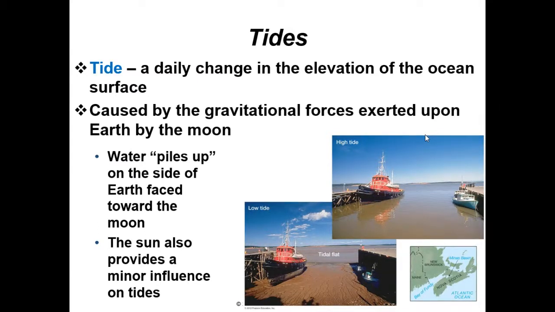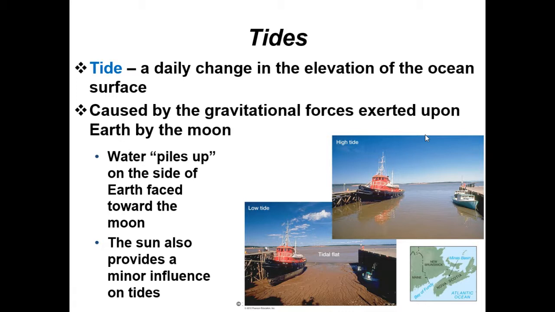So tides. As you're probably aware, tides are that daily change in the elevation of the ocean surface, AKA the sea level, based on the gravitational pull of the moon. The moon itself naturally exerts a pull on water on Earth.